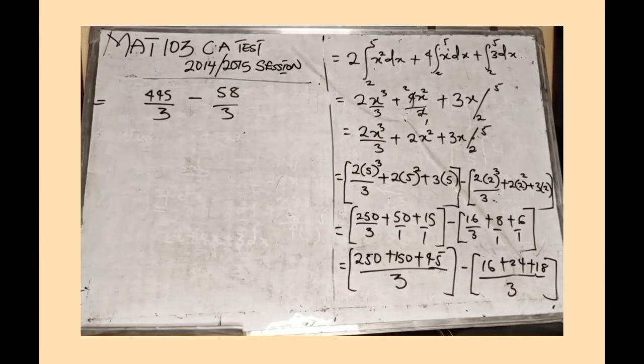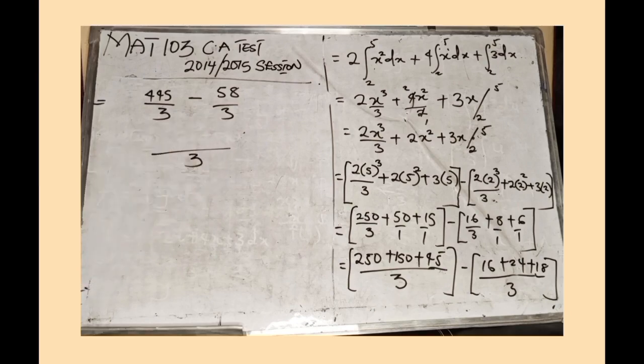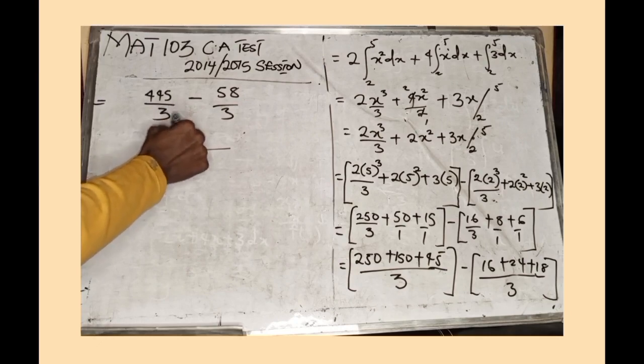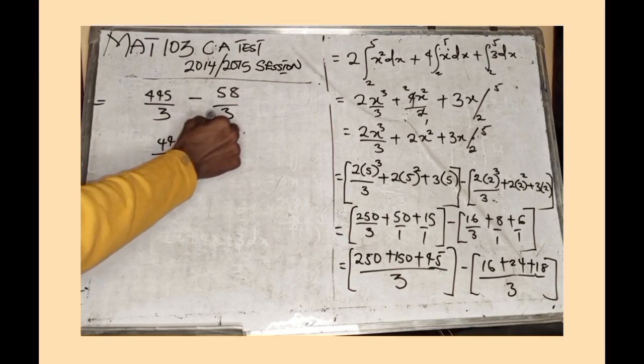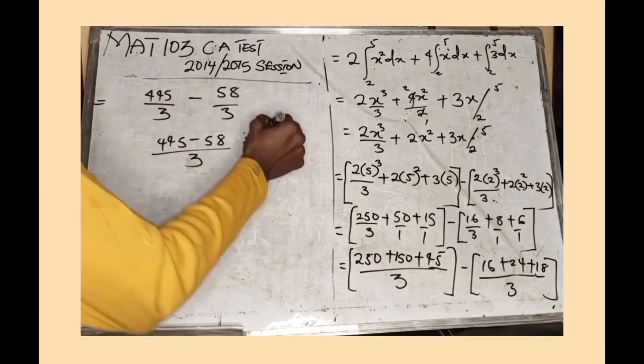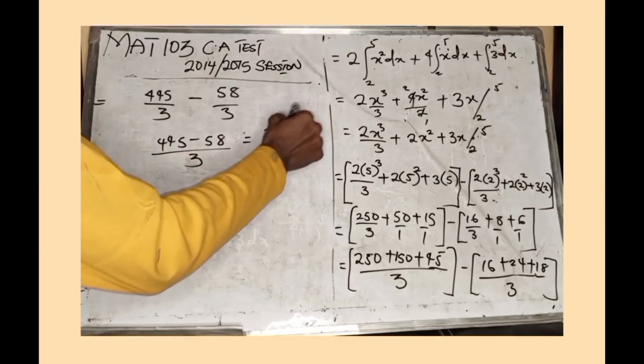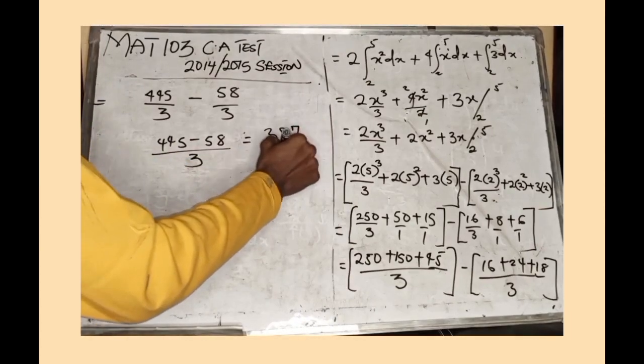So now the LCM here is 3. By mathematics, we are going to pick up a single 3 since they have the same denominator. So I'll be having 445 minus 58, which will give me 387 divided by 3.